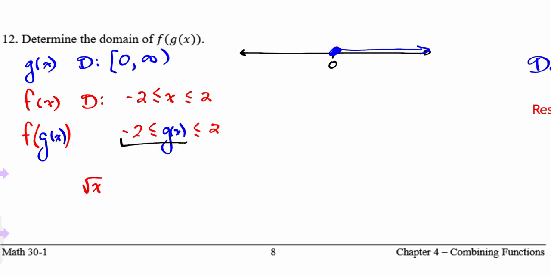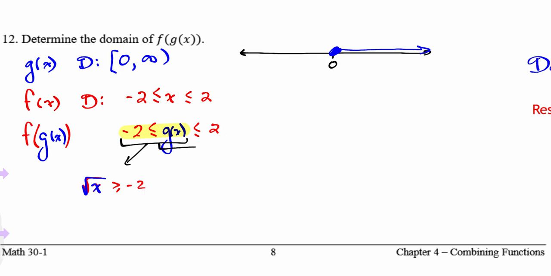So I'm going to break this into two separate inequalities. Here I'm going to look at this part and say that the square root of x, maybe I should put this in blue because that's my g of x function, that has to be greater than or equal to negative 2. So I just rewrote this inequality here, but I switched the directions around to keep the root x on the left.